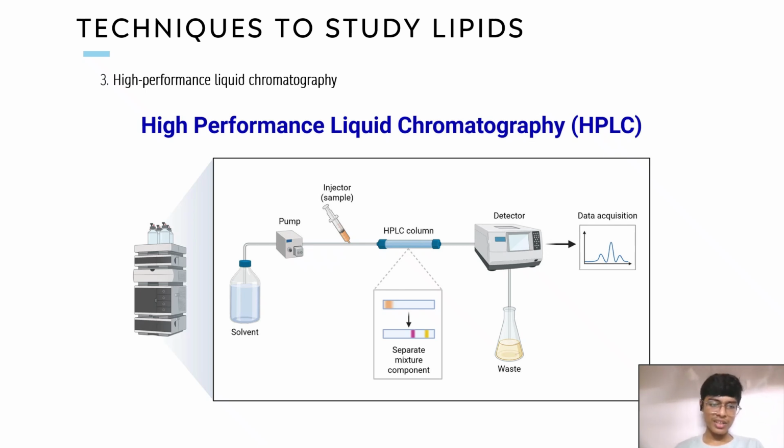Another part is the solvent, which acts as the mobile phase, the pump, and the detector, which gives the analysis of the data. The solvent, the mobile phase, is pumped with pressure through the HPLC column to the detector at very high speed.